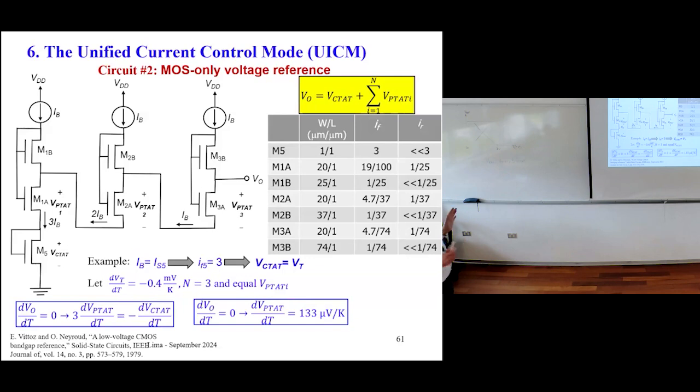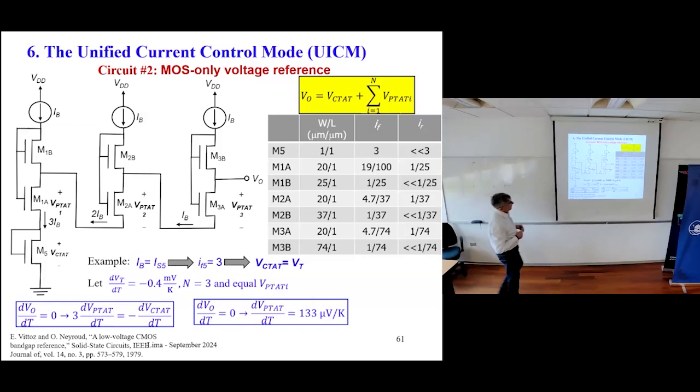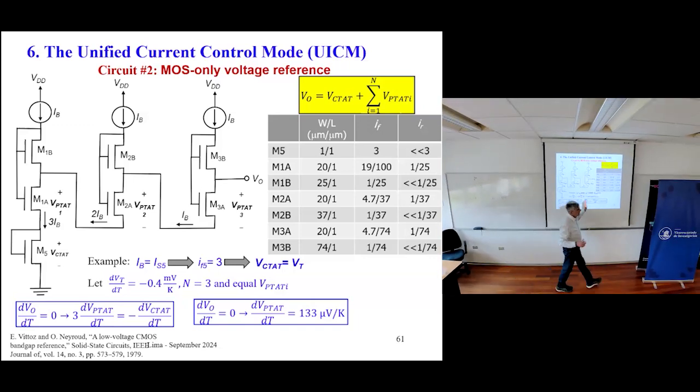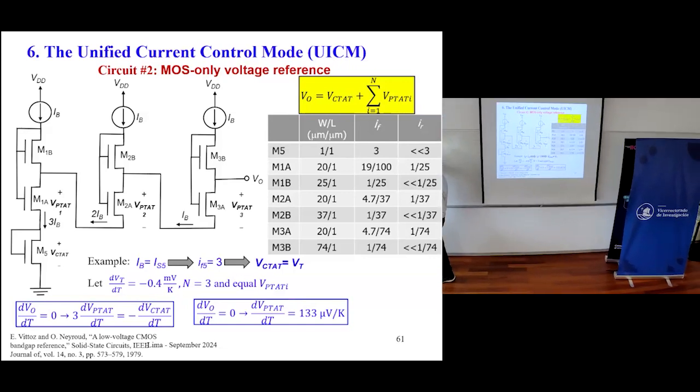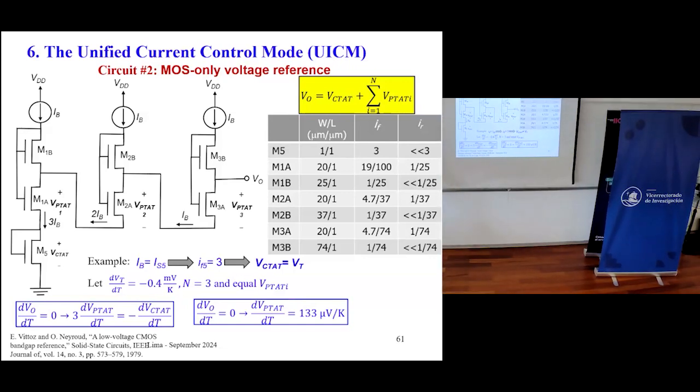Okay, so this also works for MOSFET devices. Well, this is just an equation to show what would be the DVO dt 0. Ideally, I don't want this reference to change with temperature, so this should be valid for the whole temperature range.